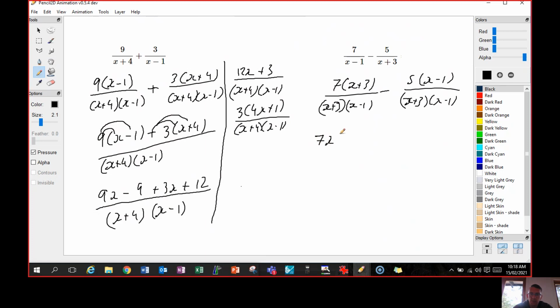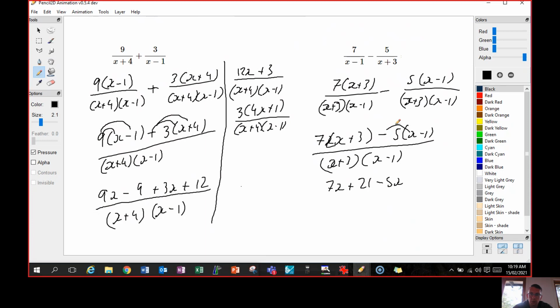Now I can do 7 lots of x plus 3 minus, because now we're taking it away, 5x minus 1. Some people do change the symbol, so just be careful. That's still going to be x plus 3 on x minus 1. So it's going to be 7x plus 21 minus 5x plus 5.